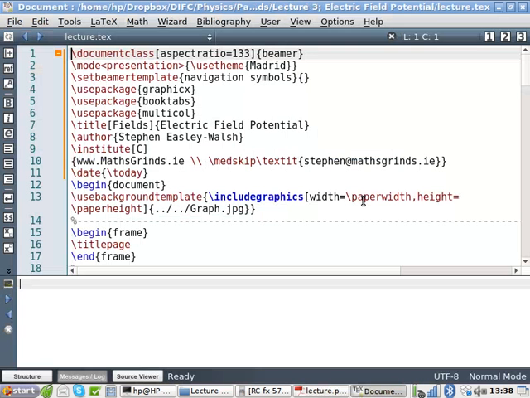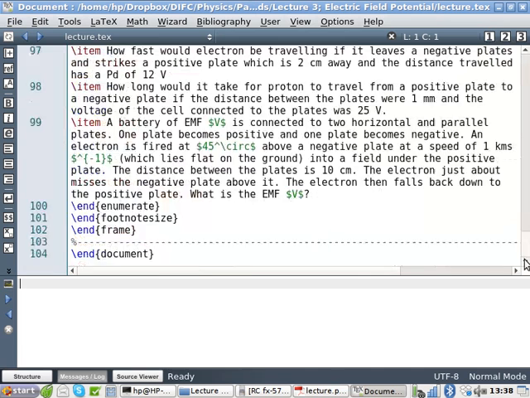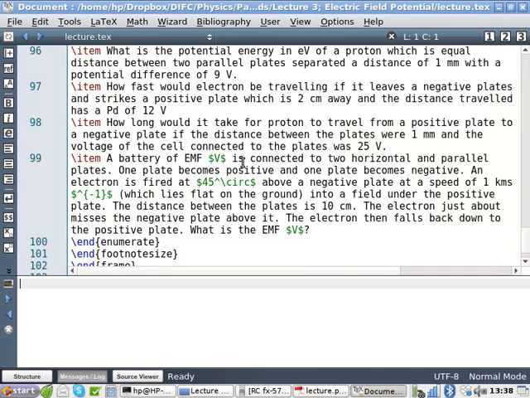Okay, we've got magnetic fields. Oh, just before we do that, I need to fix that one. A battery moving vessel connects to two horizontal parallel plates. One plate becomes positive and one plate becomes negative.